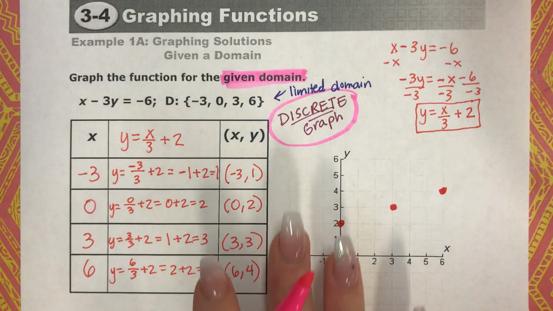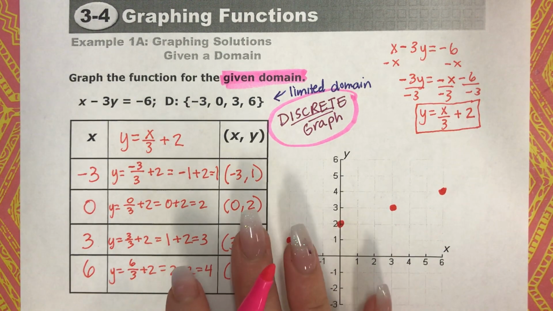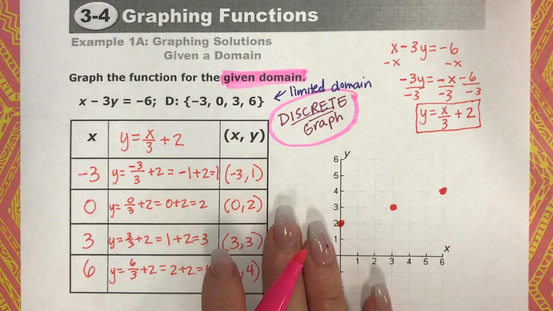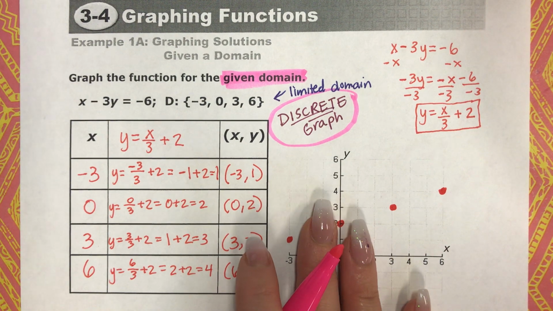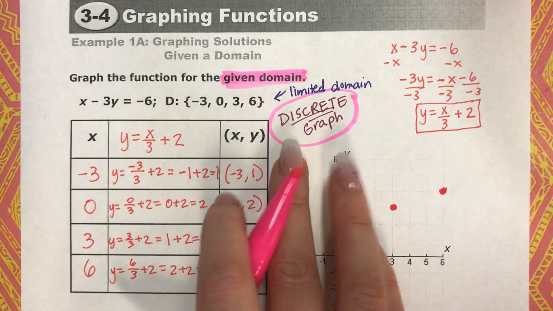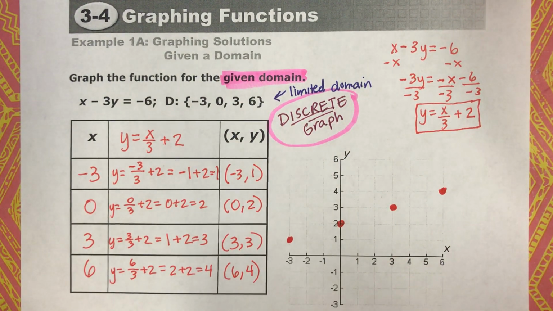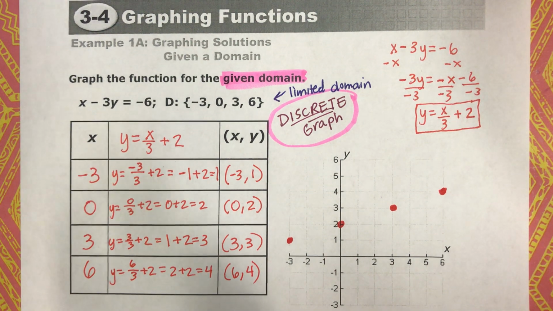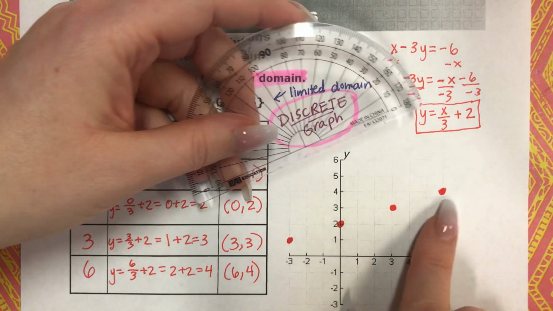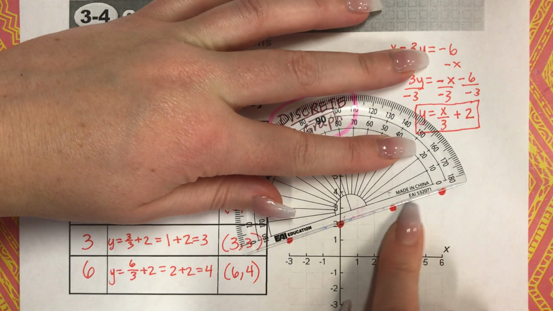All right, so really these problems in this chapter, this lesson that we're going to be dealing with is domain. And when you have a domain that's giving you a discrete graph versus when you're giving a domain that is giving you a continuous graph. Now, some people might think, oh, these lines are all aligned, I'm going to connect them, right?